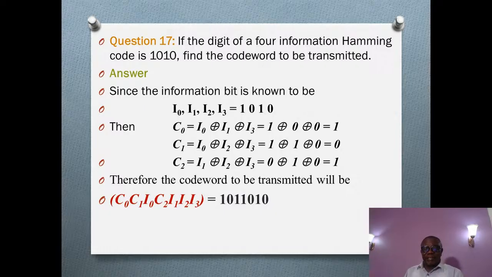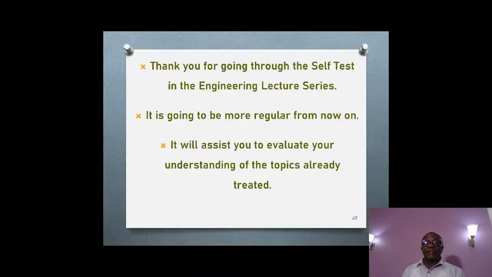Because if it sees that 0 is in error, then to correct it will be to make it a 1. And that is one of the beauties of digital systems, why they are simple and help in error detection and correction.